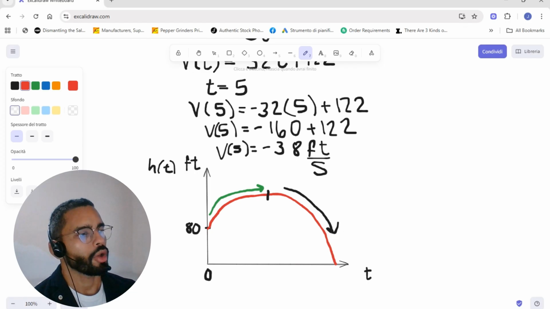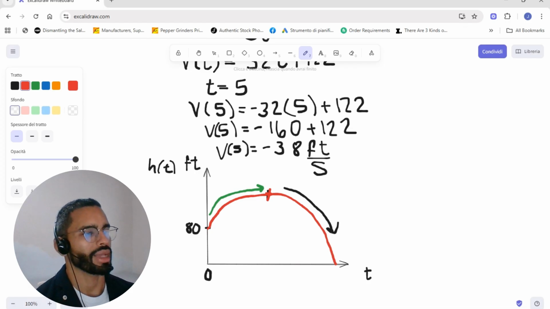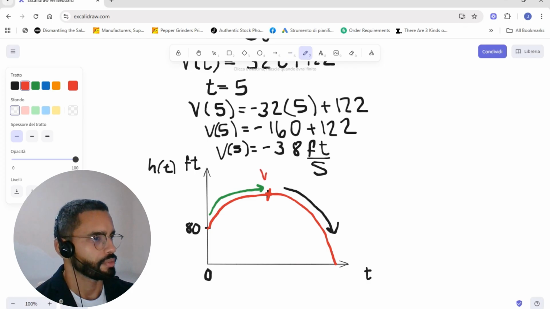In parabolas, how do we call this point of maximum? In this case it would be the maximum height, but in a parabola, we call it the vertex.